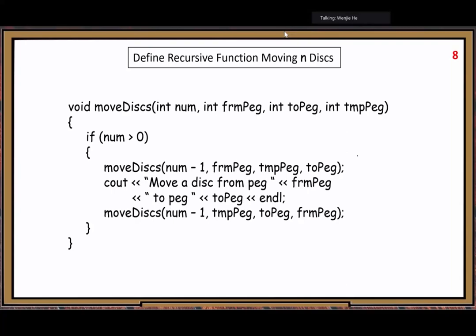After that, you need another recursive function called move disks. Still, the n-1 disk problem, the solution, but you need to carefully set the 3 parameters for the 3 pegs.